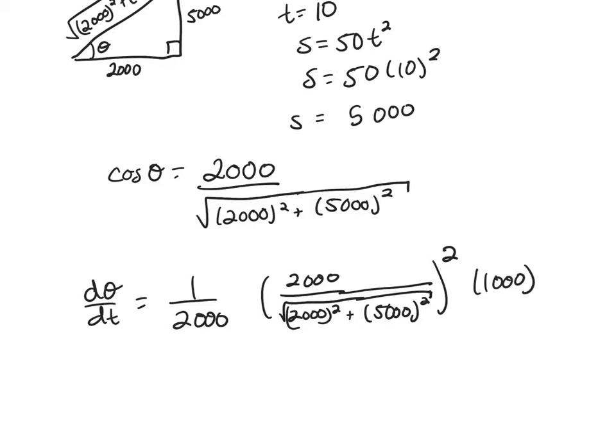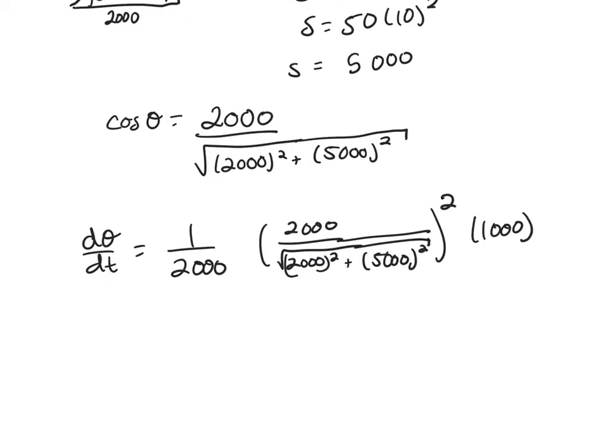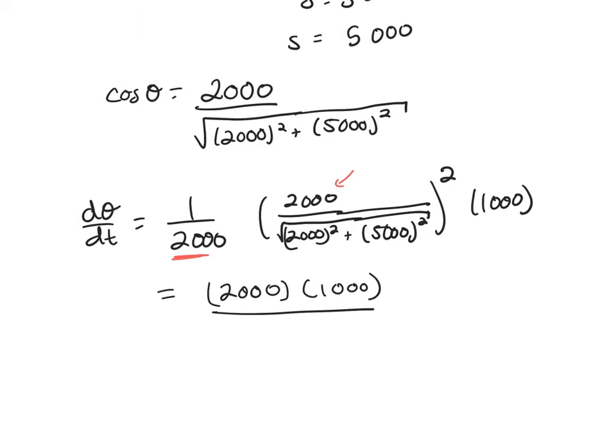So from here, you're just going to simplify. The 2,000 in the bottom will cancel with one of the 2,000s in the top. There's two of them, so I'm getting 2,000 times 1,000. And when I square a square root, the square root goes away. So it's 2,000 squared plus 5,000 squared.